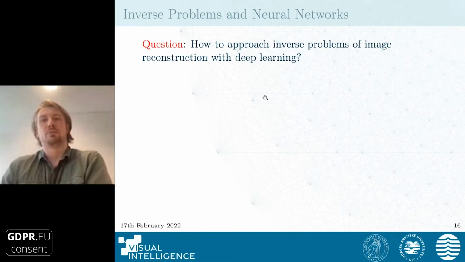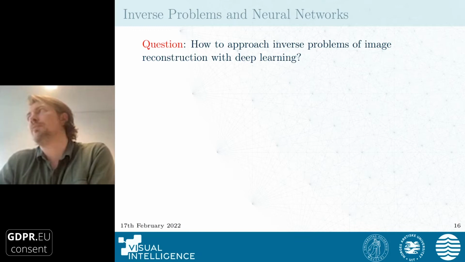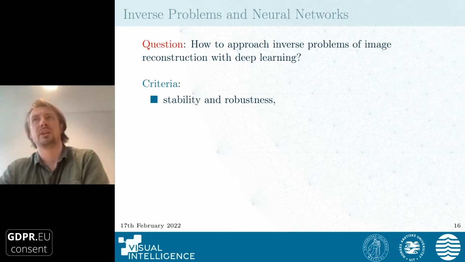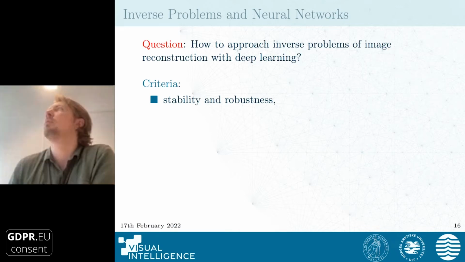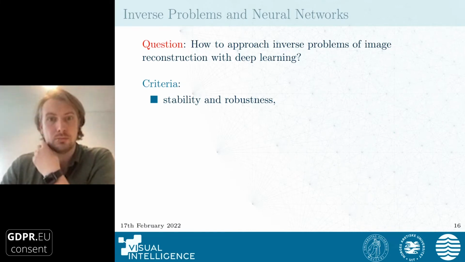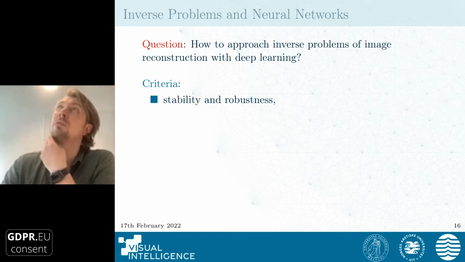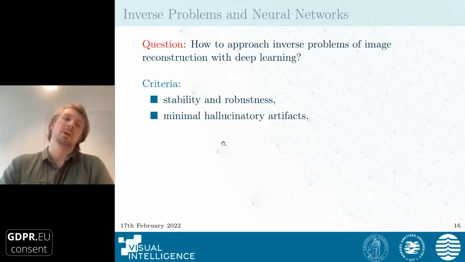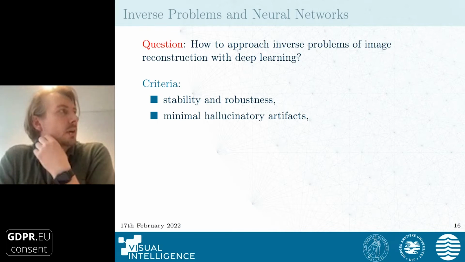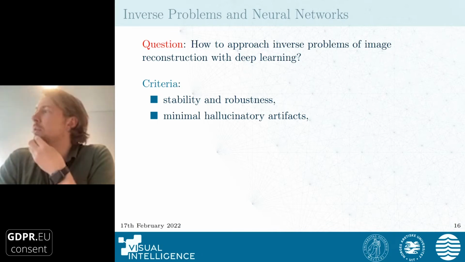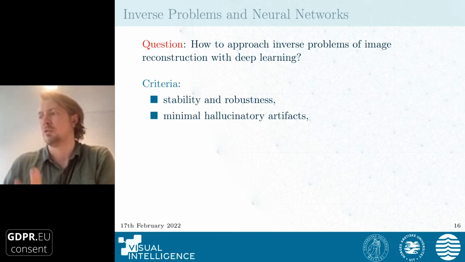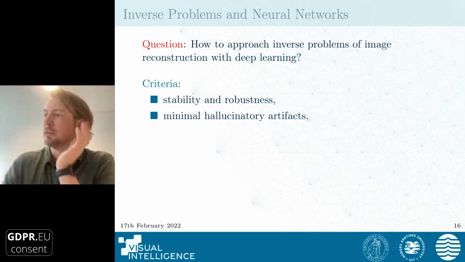So how do we approach inverse problems of image reconstruction with deep learning models? Some of the things we will focus on are that we want our model to be stable and robust, particularly to adversarial attacks. We also want to minimize hallucinatory artifacts, meaning there's been a lot of talk about image reconstruction tasks where you're trying to reconstruct some image from some features or lower dimensional space.